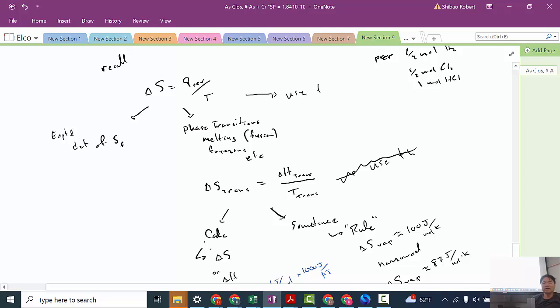We use this to determine delta S of the surroundings, which is pretty much the rest of the universe other than the system. So this is a key application of this equation. Delta S of the surroundings is the rest of the universe.